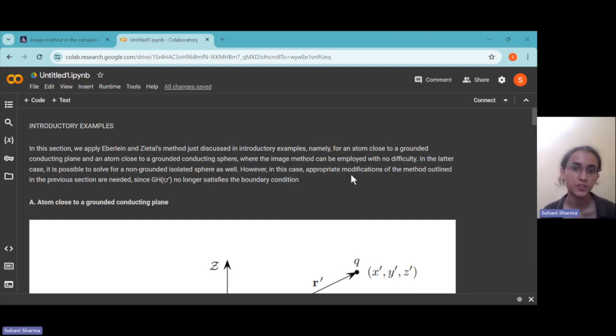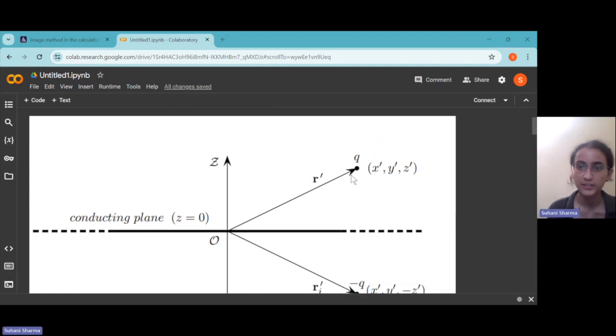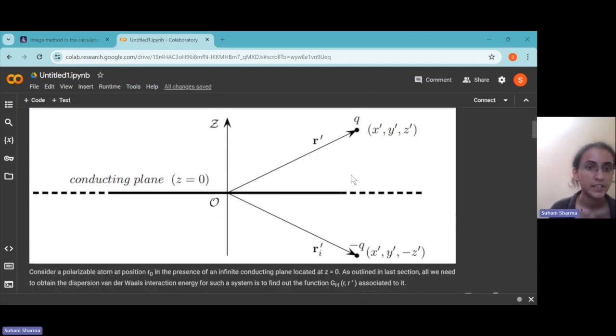So I will explain the first example, which is an atom close to a grounded conducting plane. This is the diagram for that. For this, we imagine a polarizable atom positioned at r naught near an infinite conducting plane located at z equal to 0, which we can see here.